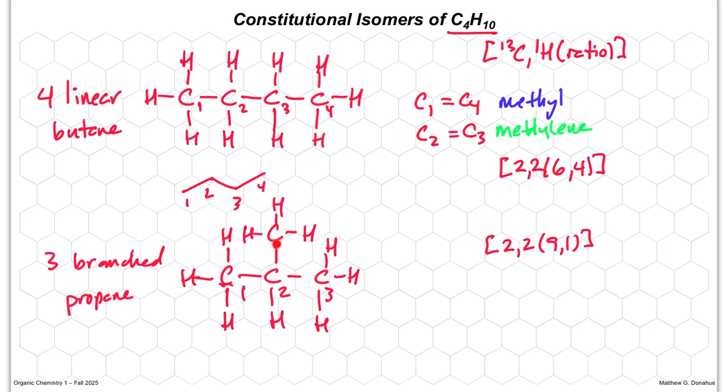It's called a methyl group. So this is called 2-methylpropane. And so that's how we would draw it. And now we have that central carbon 2. That's a CH group. That's called methine.